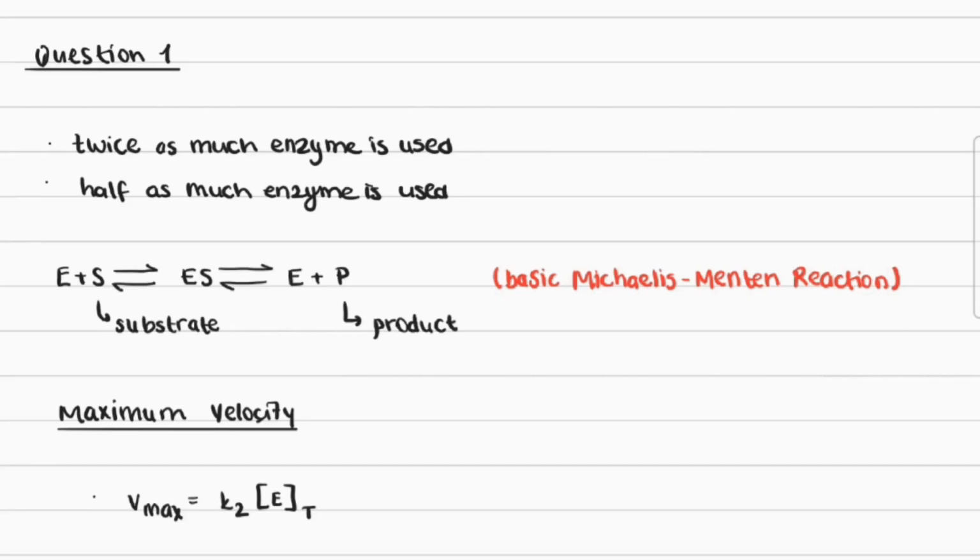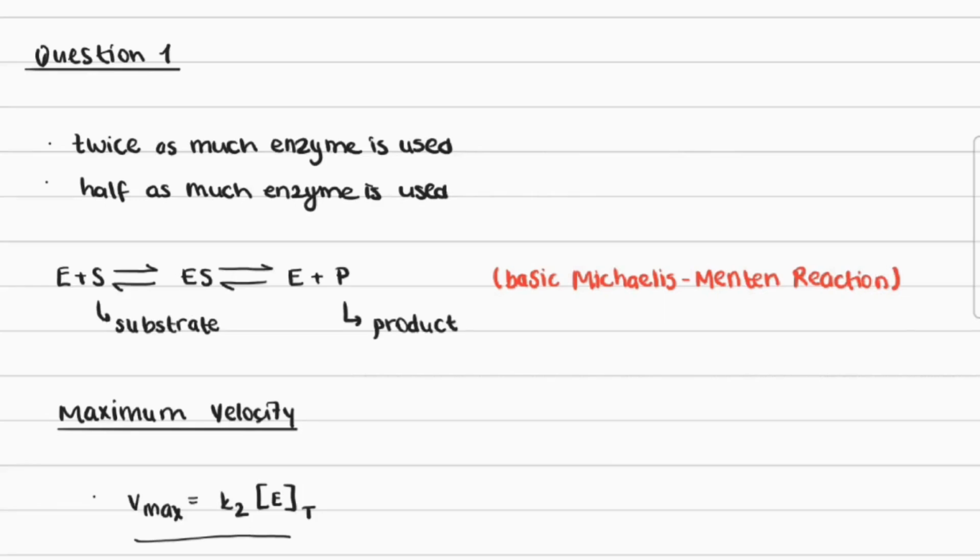So in a basic Michaelis-Menten reaction, first we have the enzyme and substrate, which then turns into enzyme-substrate complex, and then returns into enzyme and product. We know that we reach maximum velocity when all enzymes are bound to the substrate, which is denoted here as Vmax equal to k multiplied with total enzyme concentration.